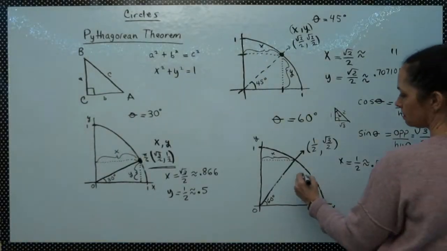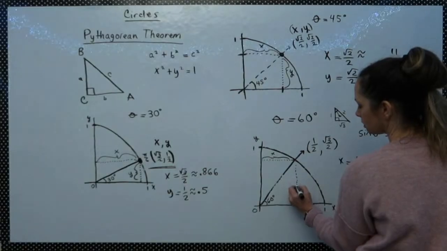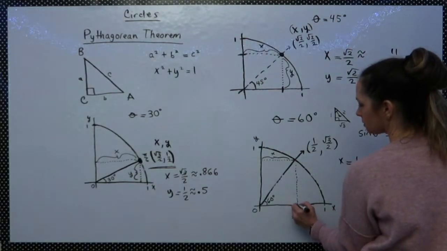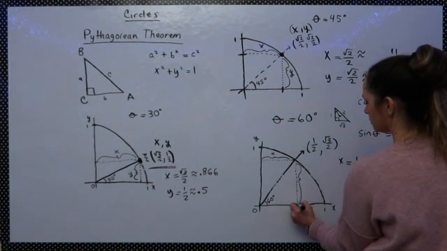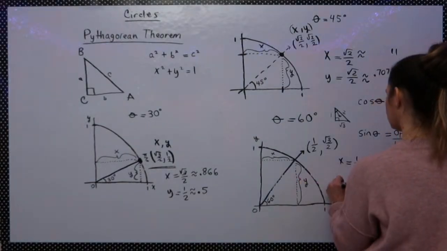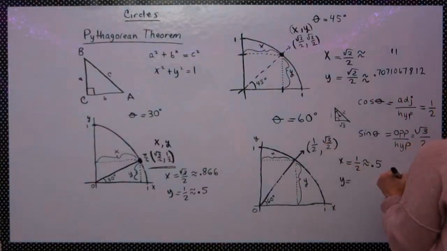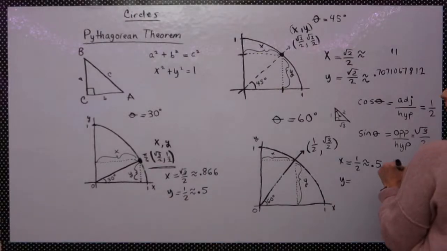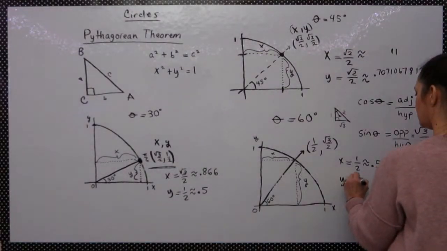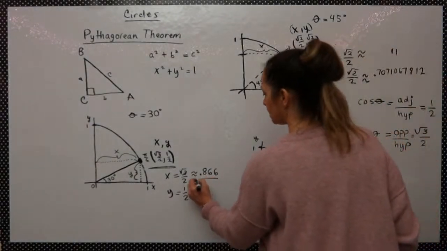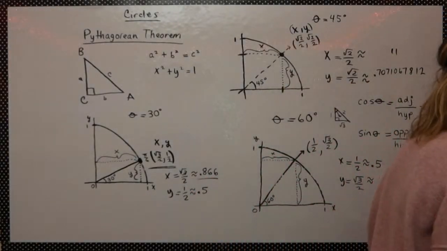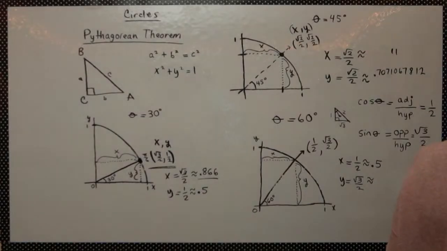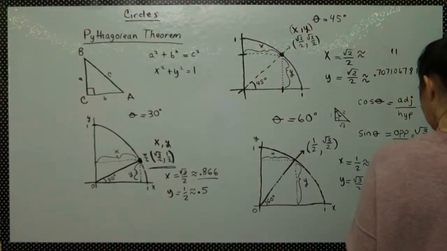And the vertical component here, your y value, is radical 3/2. And I know we approximated it out to 3 decimal places here, but that's me being lazy. So always trying to improve a little bit, not be perfect.